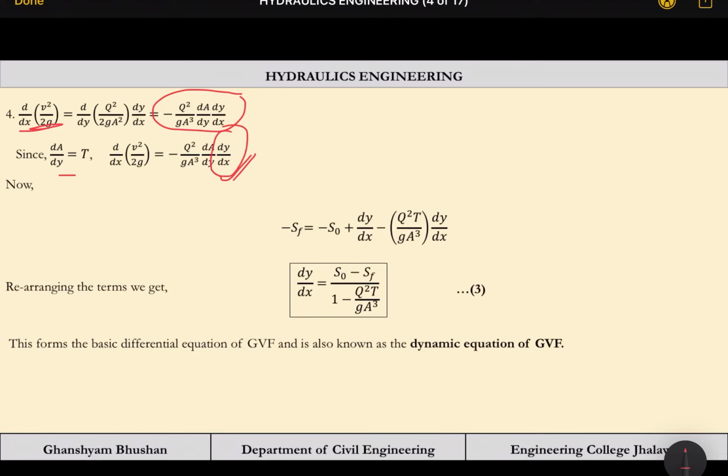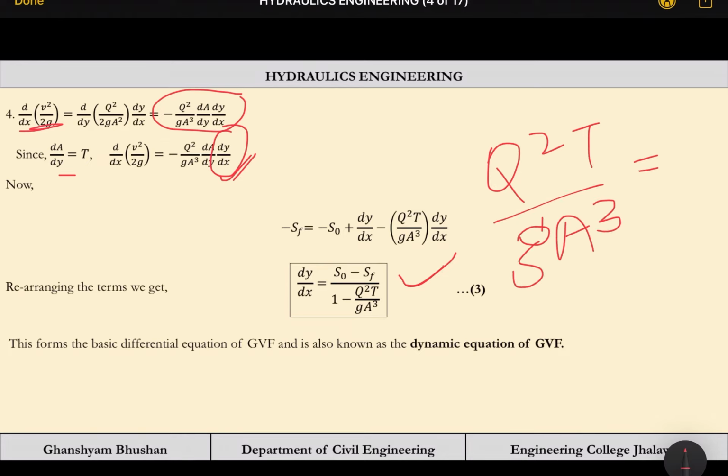We want to check the variation of dy by dx finally. By rearranging the terms, we get dy by dx as S naught minus Sf, whole divided by 1 minus Q square T by g A cube. This Q square T upon g A cube is a very important term, as I have told you already. This is the square of the Froude number.